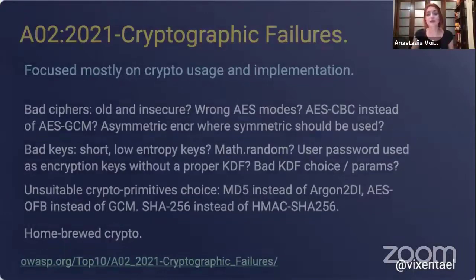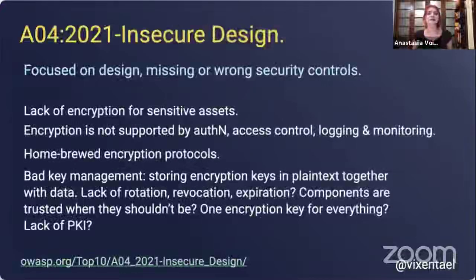Another accent in the OWASP Top 10 is insecure design, which is number 4. It's not a new category, it's a reworked category, which focuses on design and system architecture.